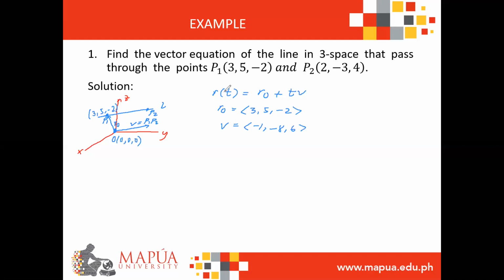Therefore, the vector equation can now be written as r of t equal to r sub 0, which is 3, 5, negative 2, plus t times your v, which is negative 1, negative 8, 6. So this is how we find the vector equation of the line L in three-space that passes through the points P1 and P2.